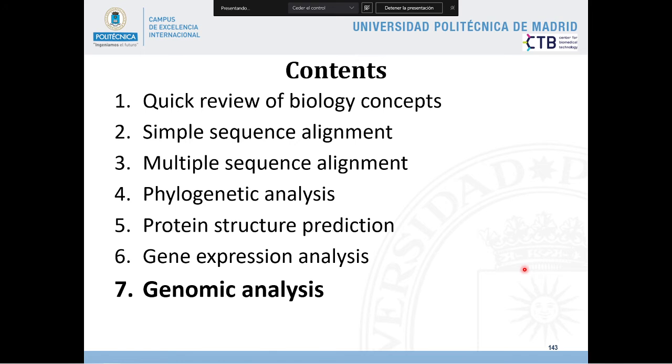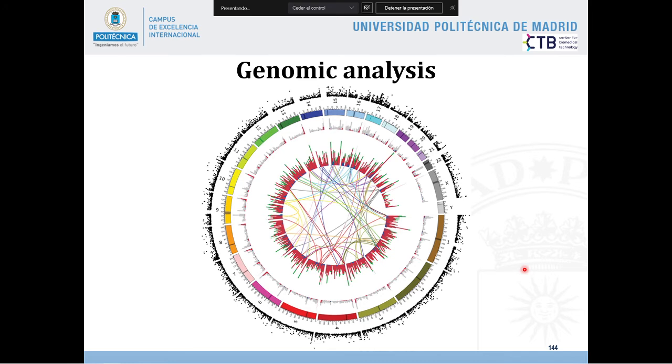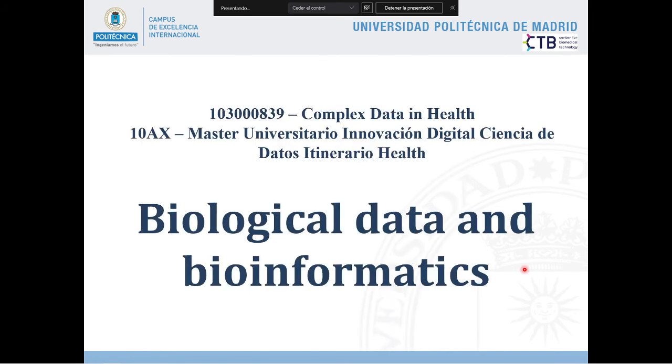And finally, genomic analysis gives us the annotation of a complete genome, not just a gene. And we have here, for example, a possible annotation of copy number variation in humans. More or less, this is all about biological data and bioinformatics.